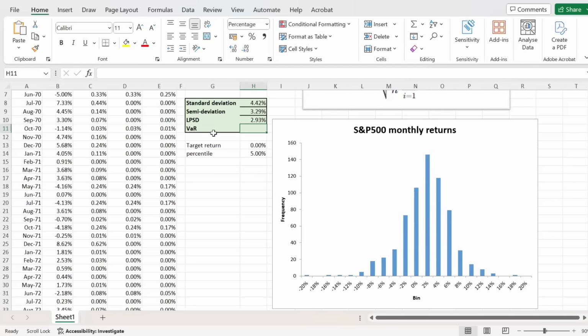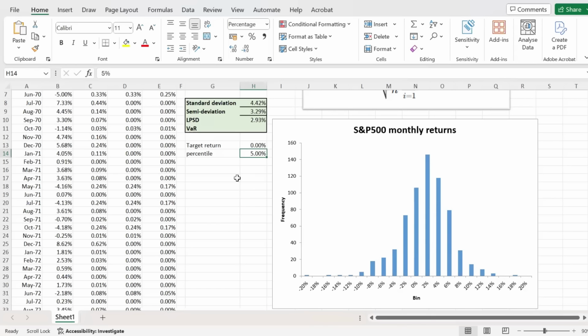Now, value at risk basically asks the following question. It focuses on a particular quantile of the distribution, or a percentile. In this case, we'll start with 5%. So we'll look at value at risk for the 5th percentile. I want to find a cutoff point where 95% of the observations will lie above it and 5% of the observations will lie below it.